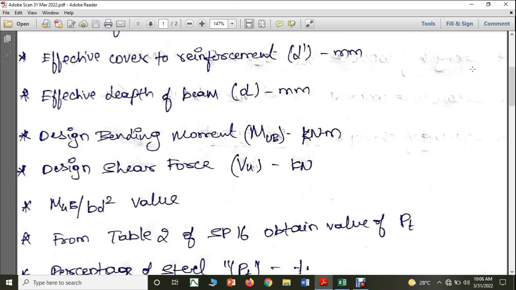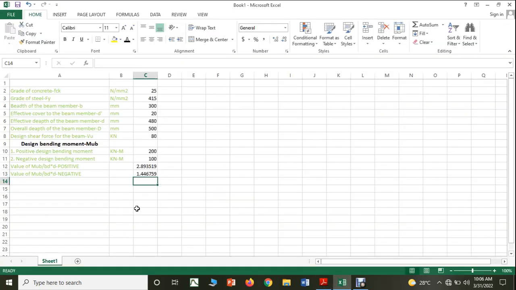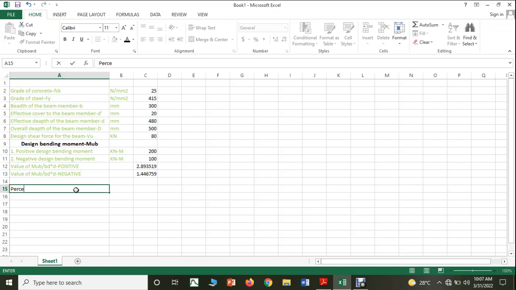Once you get the value of Mu by bd square, you have to go to the corresponding SP16 table, which I will definitely show you, and get the percentage of steel. The percentage of steel for positive I'll give as Pt, and similarly the percentage of steel for the negative one.